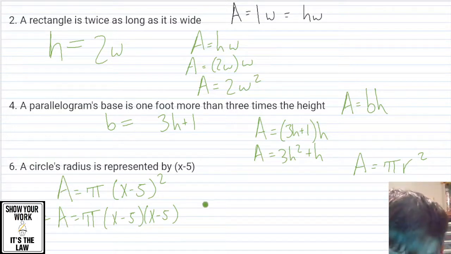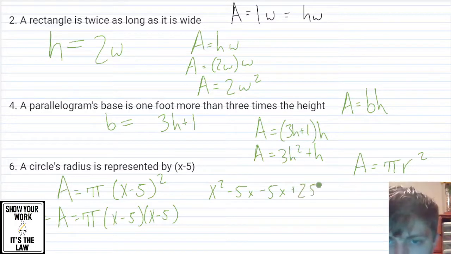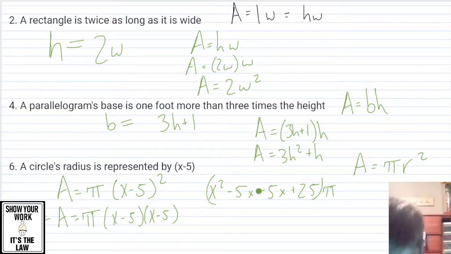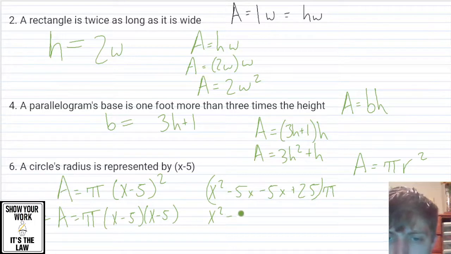So x times x is x squared, x times negative 5 is negative 5x, negative 5 times x is negative 5x, negative 5 times negative 5 is 25, and all this is still being multiplied by pi. We'll go ahead and throw the pi at the end here. Let's simplify in the middle: x squared minus 10x plus 25 times pi.